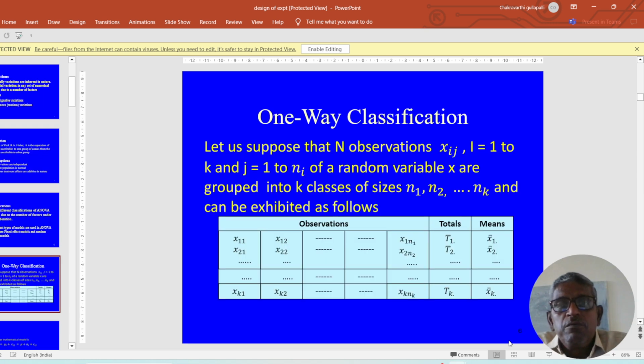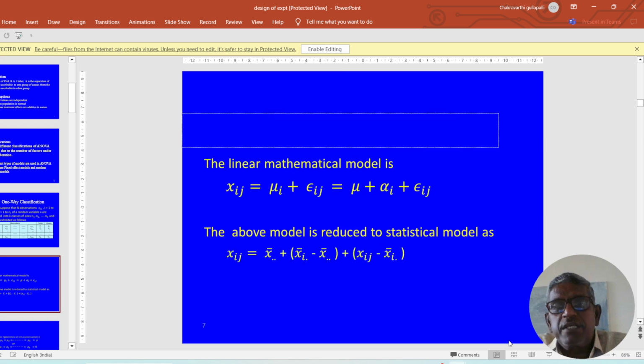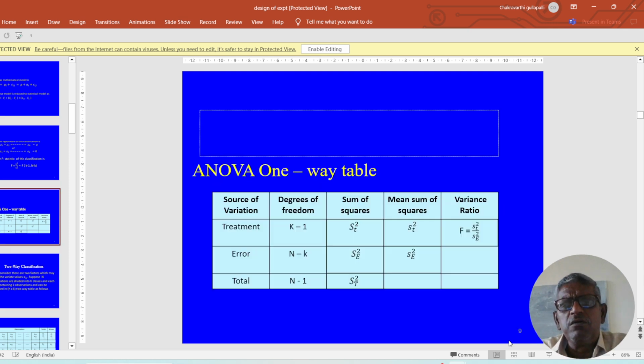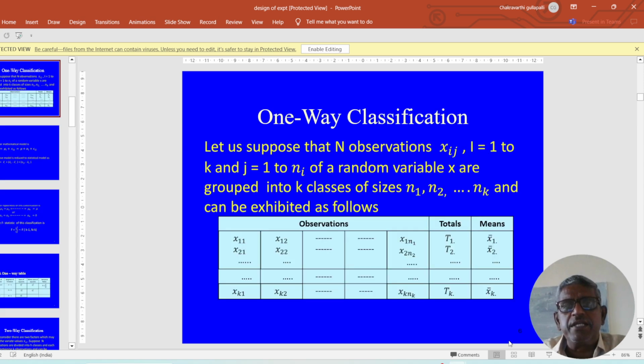When we take a two-way classification, we are taking only one factor, but two assignable factors are applying on that one factor, and the factor we are going to study is called a treatment.